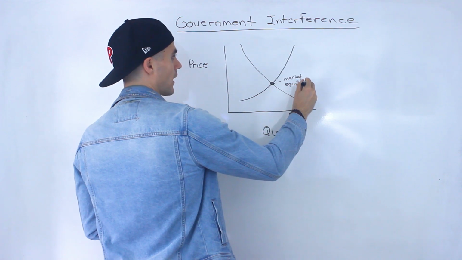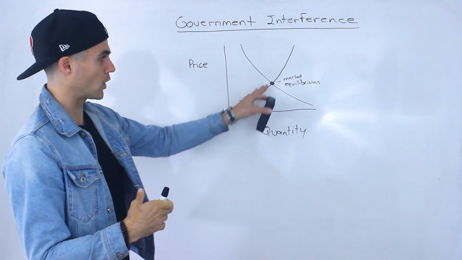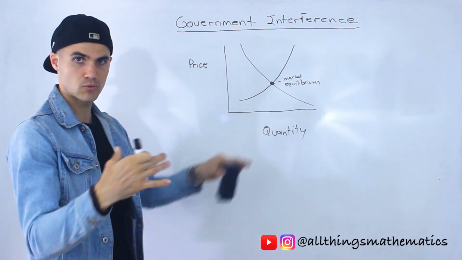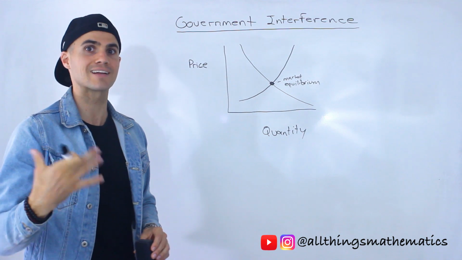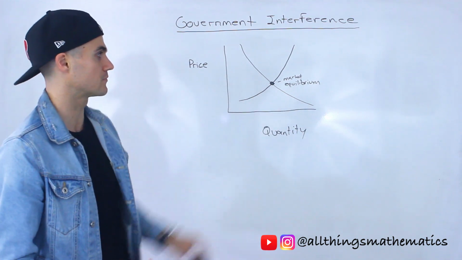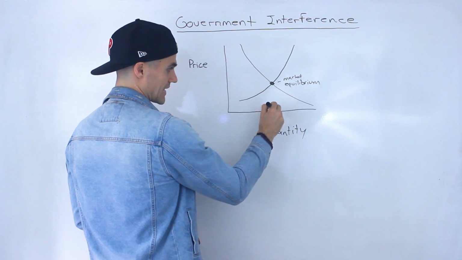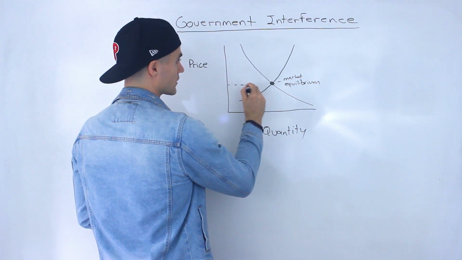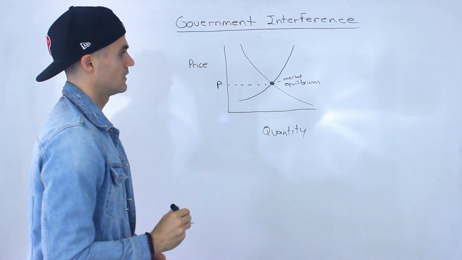And this is the point where consumers and producers are in agreement, where that quantity demanded is equal to the quantity supplied. Another expression sometimes that comes up is the market clears at this point here. And we talked about how at this point there's that equilibrium quantity, and we also talked about how there's that equilibrium price. Let's call it P.